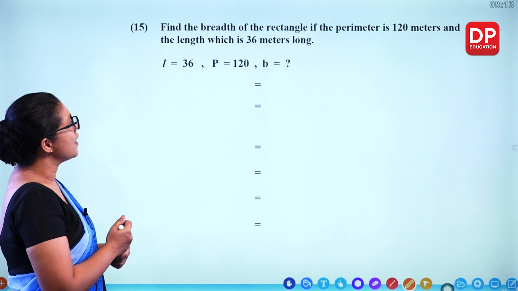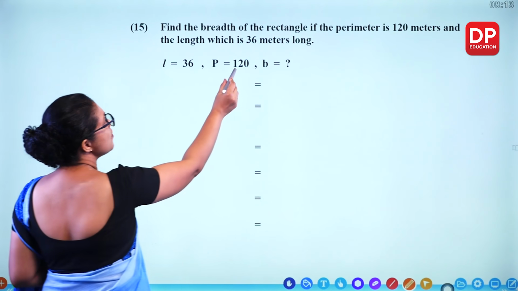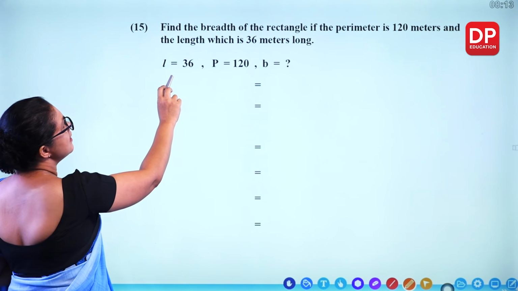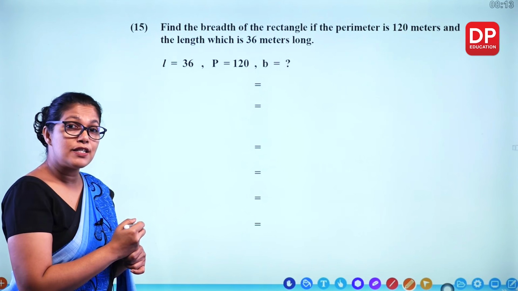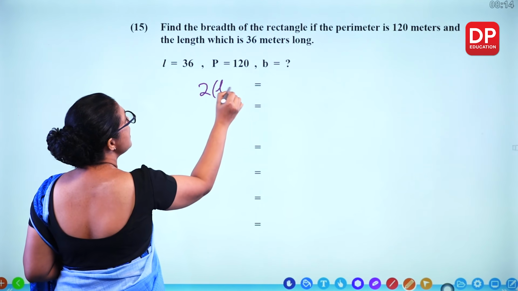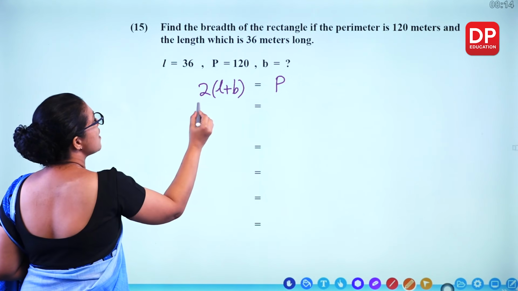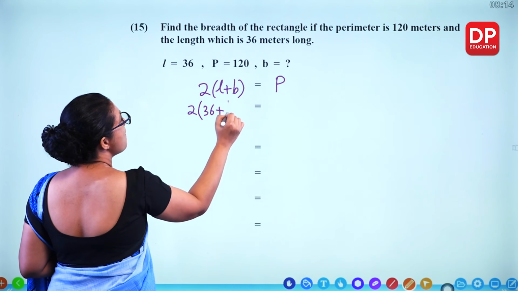This question, find the breadth of the rectangle if the perimeter is 120 and the length is 36 and you need B. What's the formula? Perimeter of a rectangle? 2 times (L plus B) is equal to P. Now substitute 2 times (36 plus B).